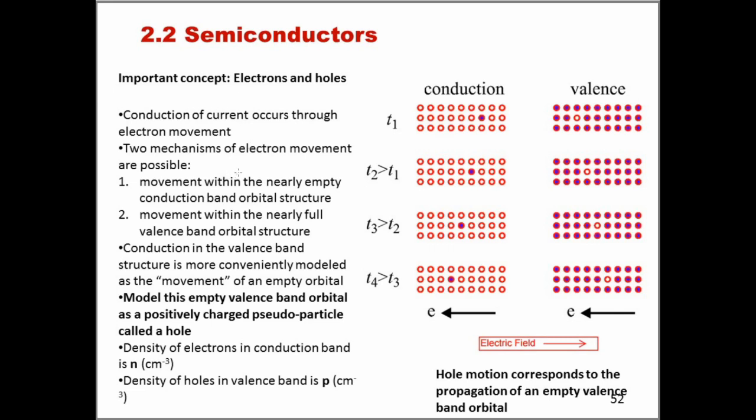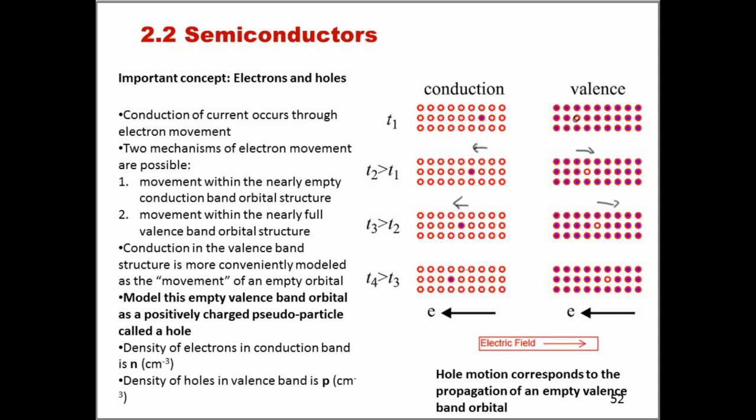Indeed, we can see that when an electron in the conduction band moves, in this case in this direction, correspondingly there must be a hole in the valence band that is moving as well.